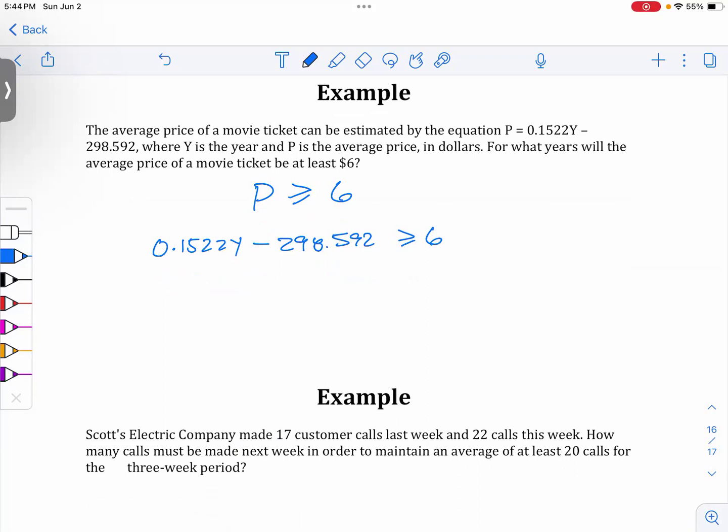This one I cannot guess and check. The only way to do this is algebra. I mean, I guess you could guess and check some years, but it might take us a while. Algebra is much quicker here.